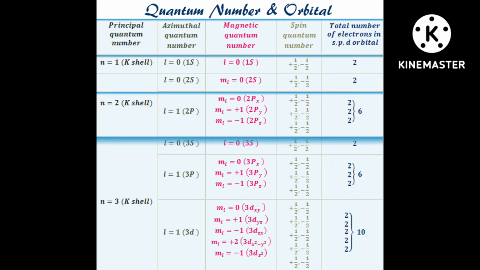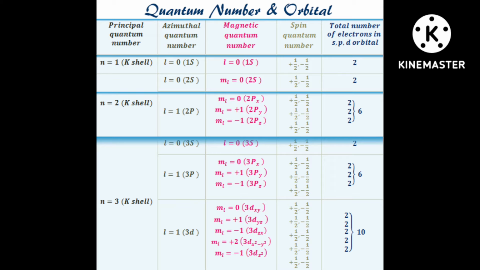You can also say shell number 1, shell number 2, shell number 3, shell number 4, or orbit number 1, orbit number 2, orbit number 3, orbit number 4. Already I told you that it is called by three names: the shell, orbit, and energy level. All have the same meaning.